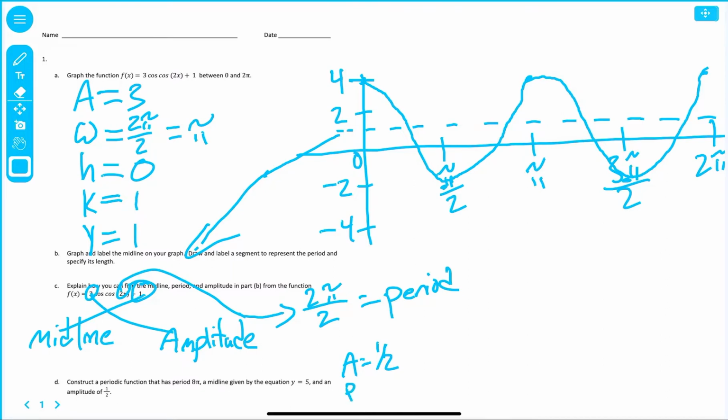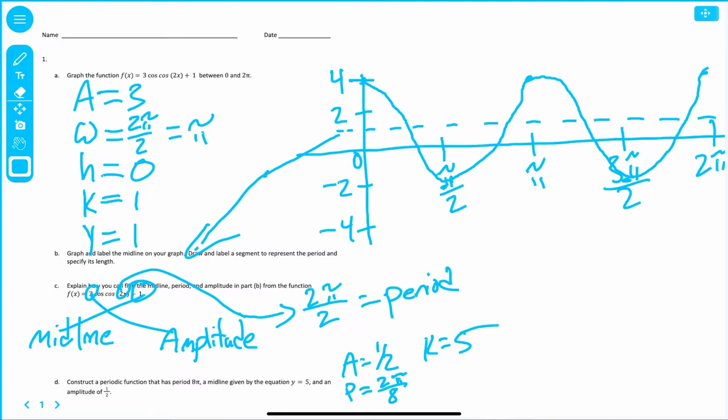Period is 8 pi. So if it's going to be 8 pi, what does that mean? Well, let's just do this. 2 pi over 8, right? That's going to be our period. Doesn't talk about a horizontal translation, so we're not going to worry about it. Midline tells us that it's going to jump up 5.